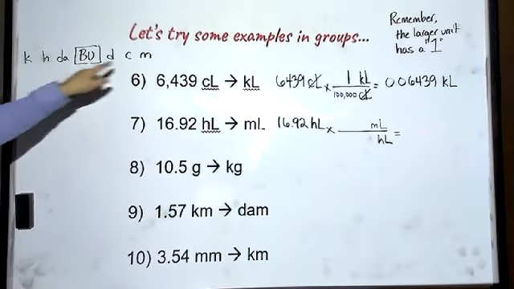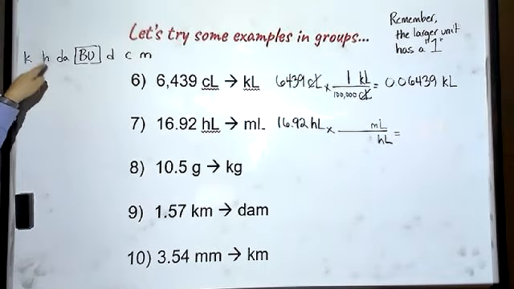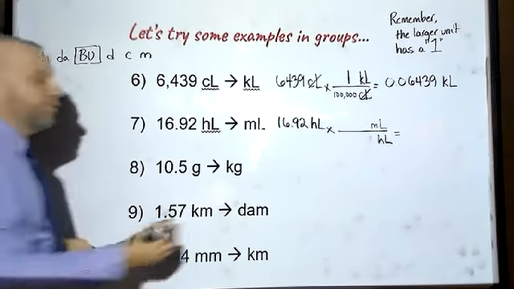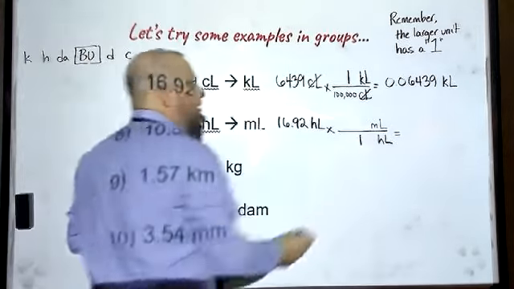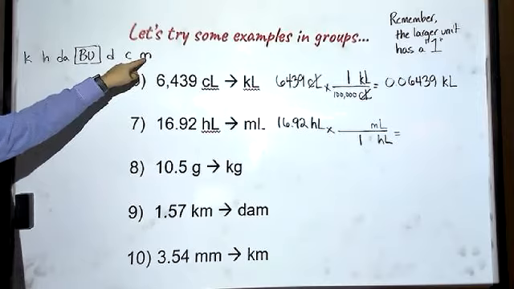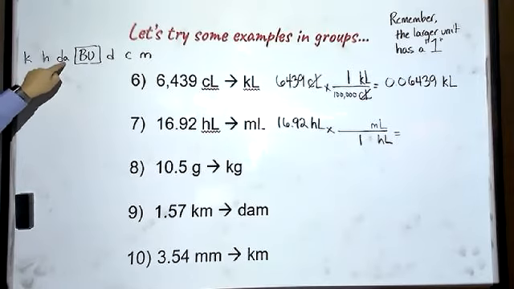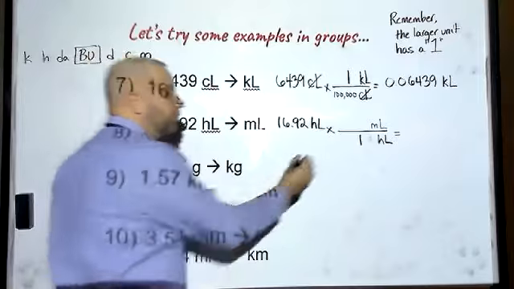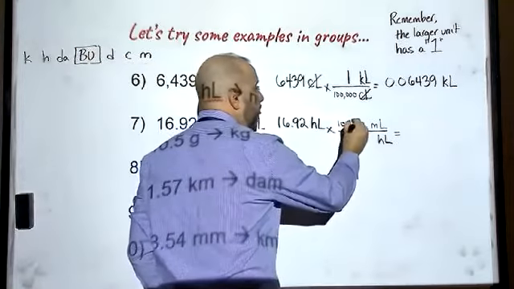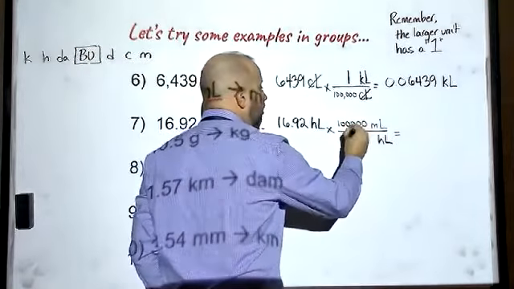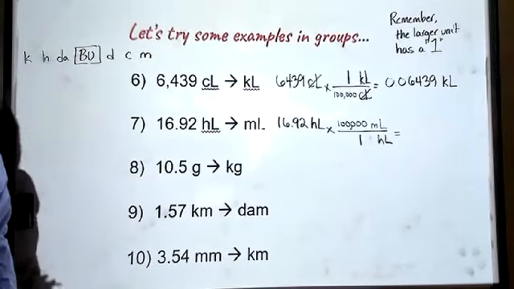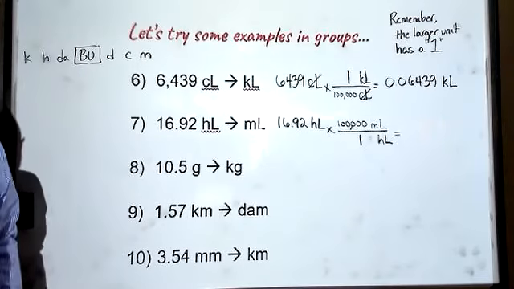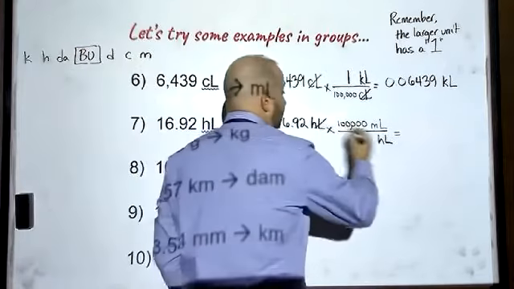Here's hecto, here's milli. So hectoliters is the larger unit, so that's going to get a 1. Milliliters is what we want to go to, so we're going to move 1, 2, 3, 4, 5 spaces. So a 1 with 5 zeros, or 100,000. The unit of hectoliters will drop out.